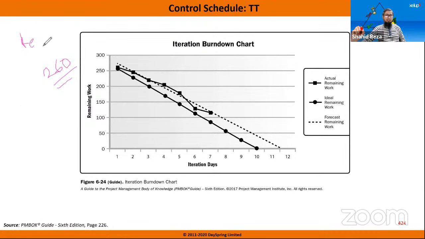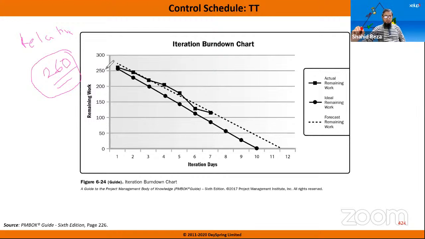For each story, the whole team tries to estimate how many story points they need to complete it. Those are stories, not tasks. So for example, this team has a 2 week iteration, that means 10 days, and they have decided they will deliver 260 story points in these 10 days, this one iteration.